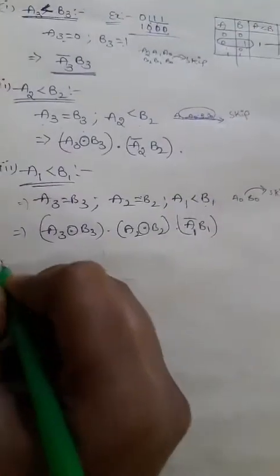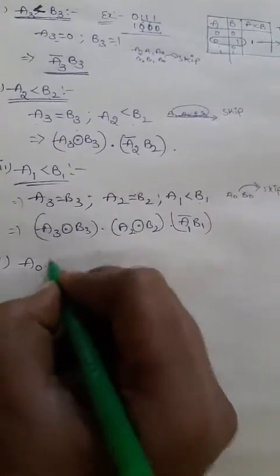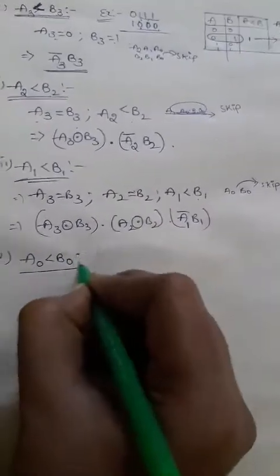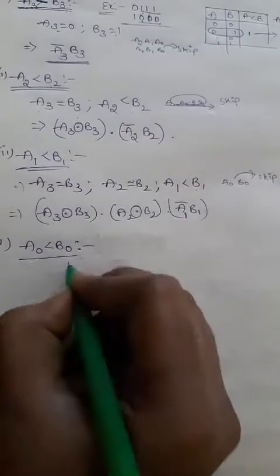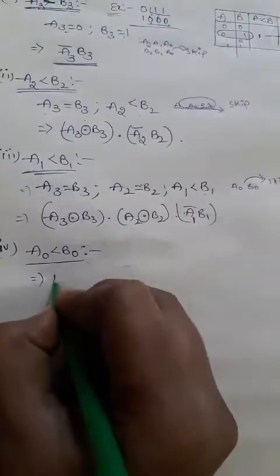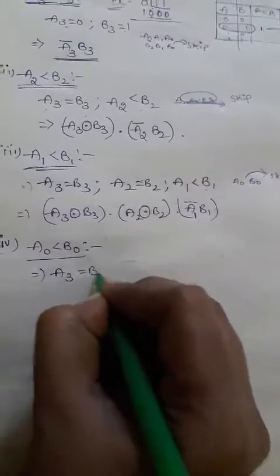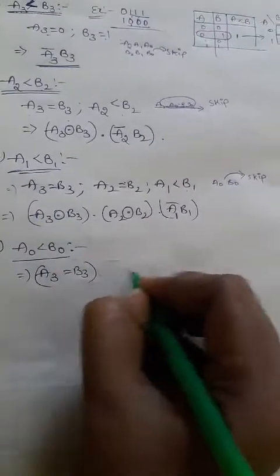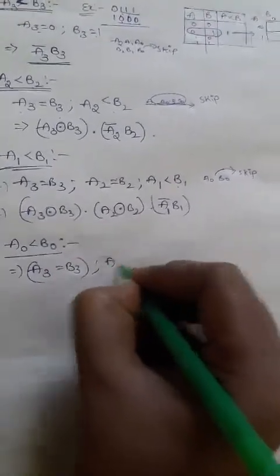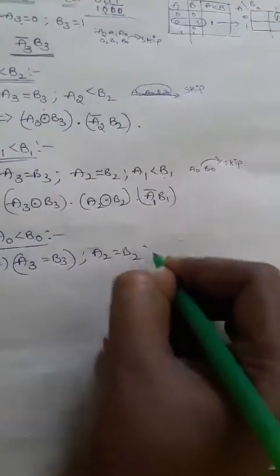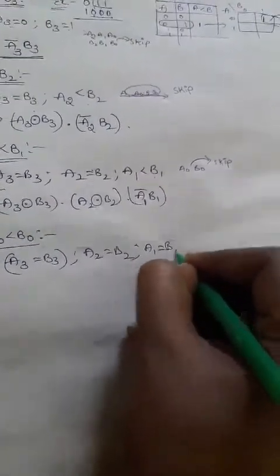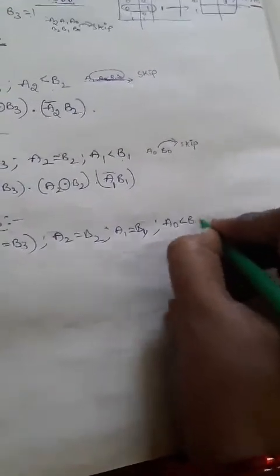Okay, so now coming to the fourth case, that is nothing but A0 less than B0. The previous bits must be in the equal condition. So A3 equals B3, A2 equals B2, A1 equals B1, and the last condition is A0 less than B0.